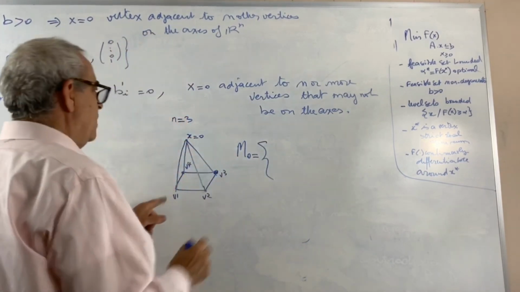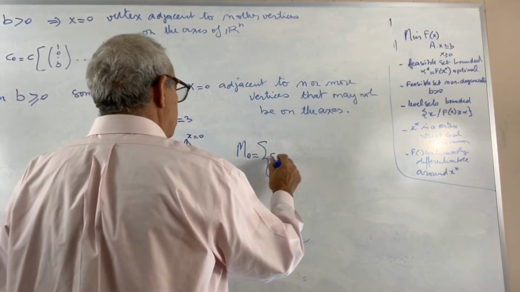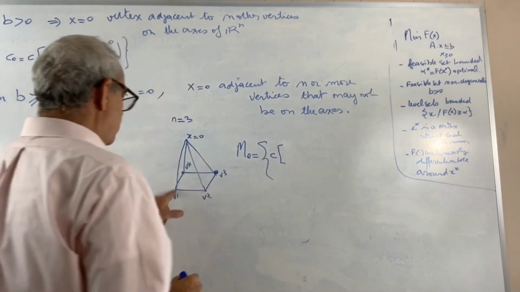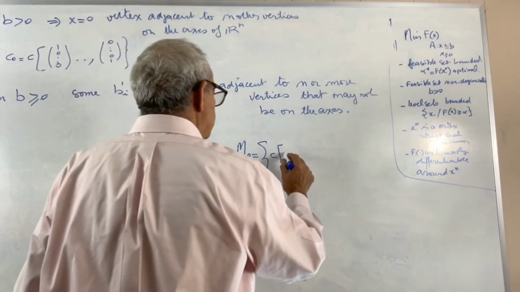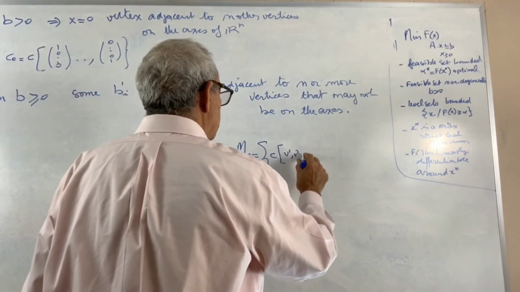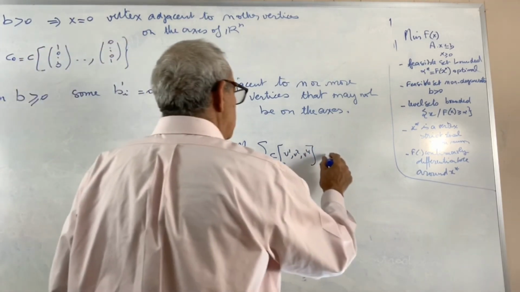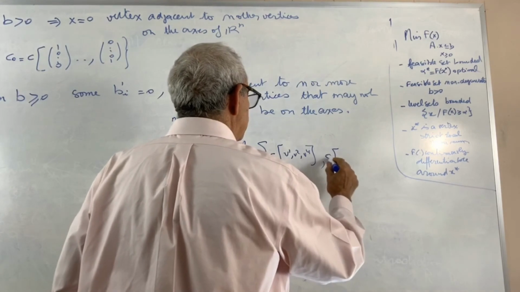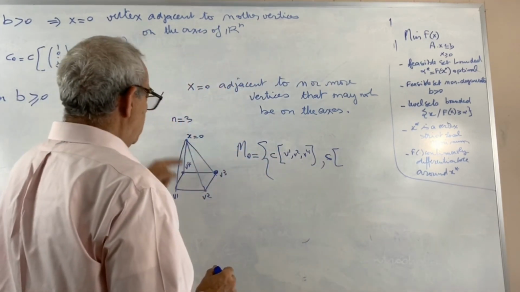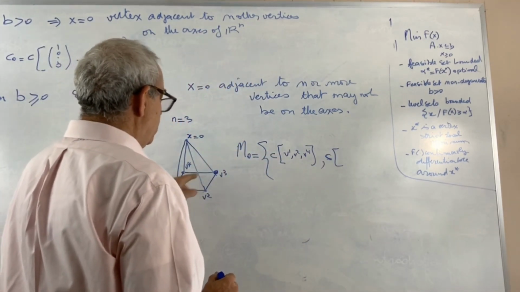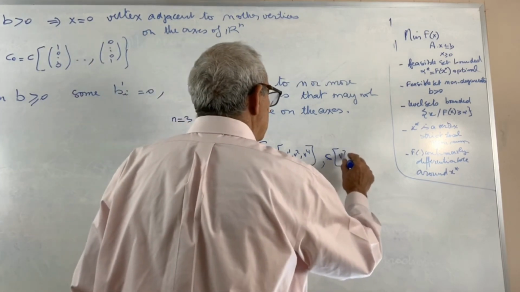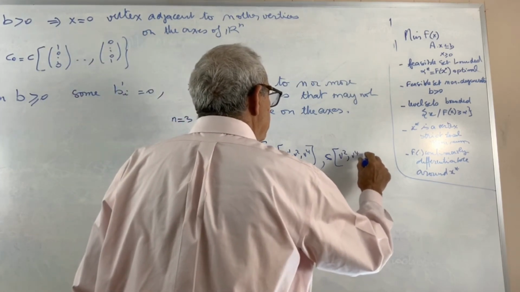I could start with C of v1, v2, v4, and the other one would be C of, let's say, v2, v4, and v3.